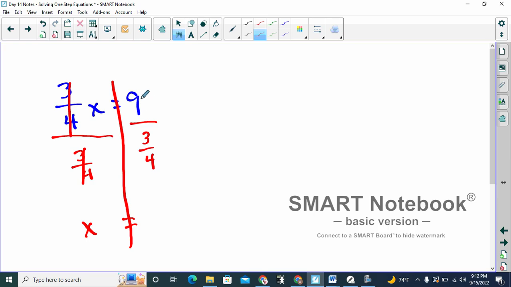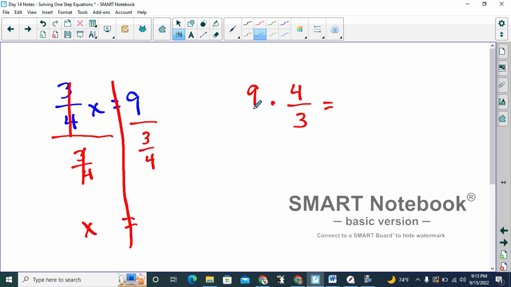Well, we've been working on dividing by a fraction. If I divide by a fraction, I keep, change, flip. Keep the 9, change the division to multiplication, flip the 3/4 to 4/3, and then when we multiply fractions, we multiply straight across.